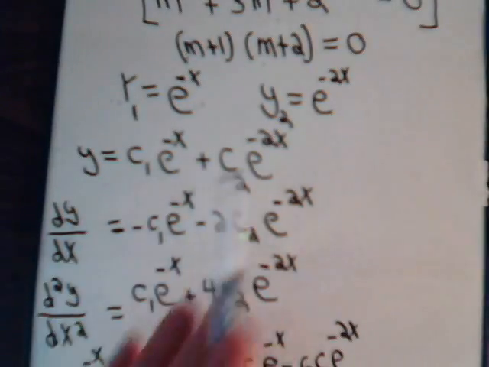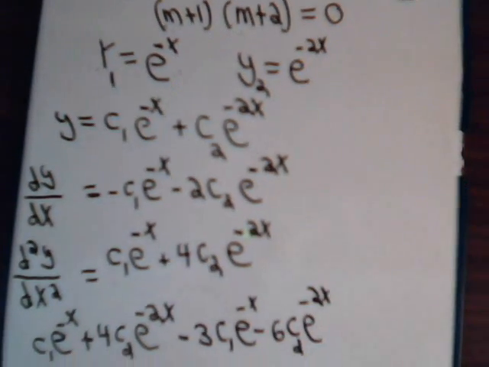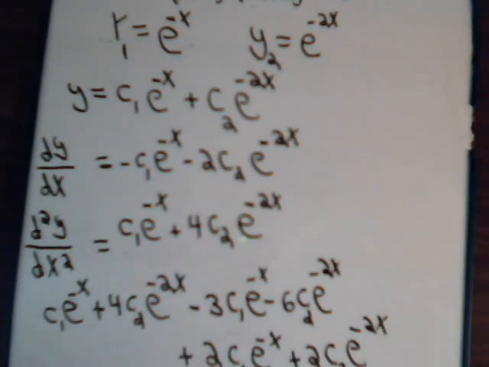And then we have plus 2y. y is this. So we have down here plus 2 C1 e to the minus x plus 2 C2 e to the minus 2x. So let's see what we have. We have 2 C1, 3 C1, minus 3 C1, all times e to the minus x.